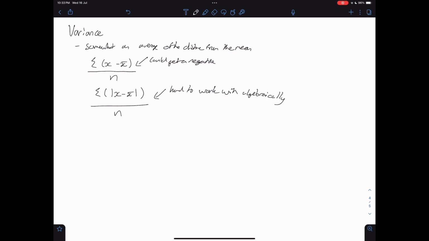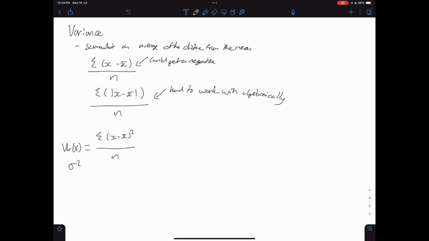So instead what we're going to do is we're going to square it, over n. And that's what it is. So this is your variance, also known as your sigma squared.